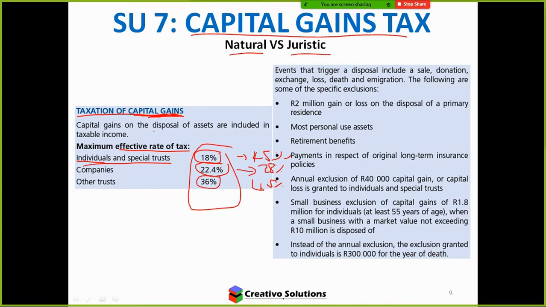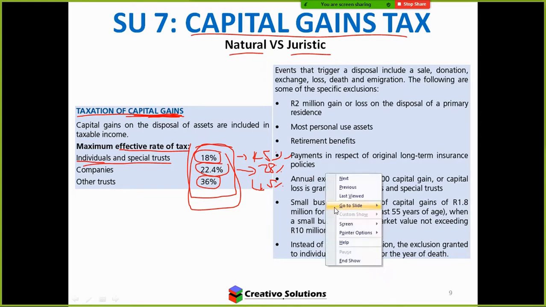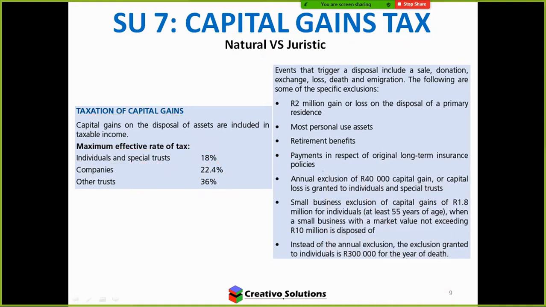So you can see that capital gains tax, even if you're looking at the inclusion rates, the effective maximum tax rates, are still lower than the marginal tax rates of companies, trusts, and individuals. The reason I'm showing you this is that ideally you would want everything to be considered CGT, because CGT will be less than normal tax. Got that? Yes.